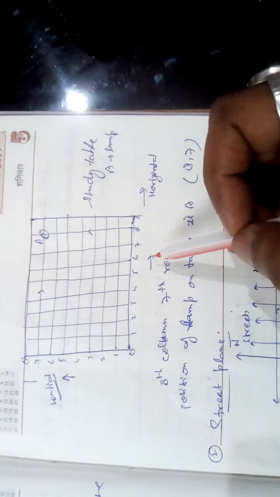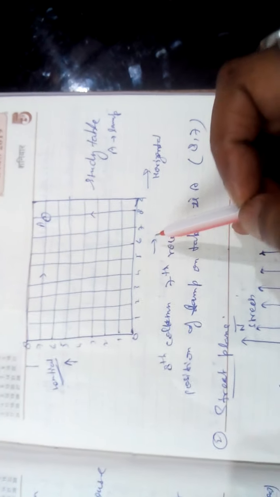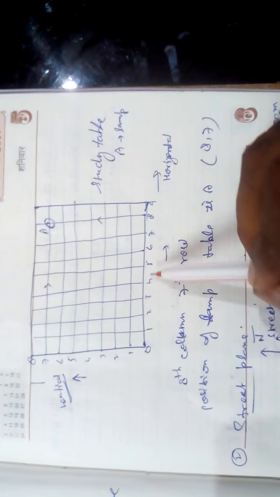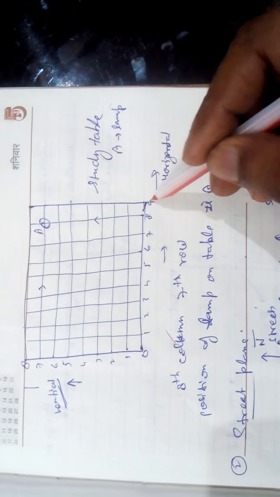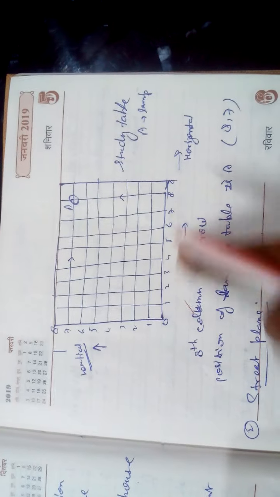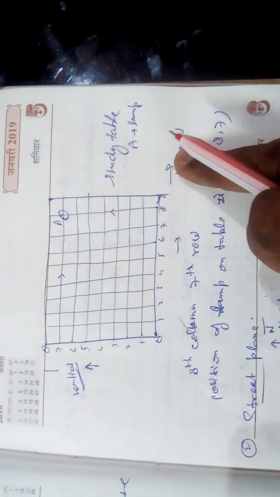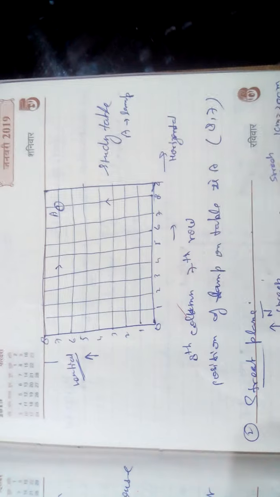In 3.1, how will you describe the position of a table lamp on your study table to another person? Suppose you divide your study table into different parts, 9 columns and 7 rows, putting dots at 1 centimeter or 1 feet, depending on the length.